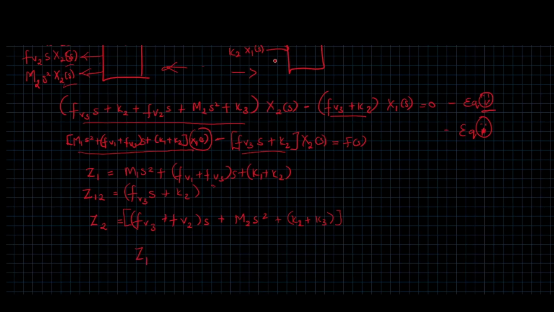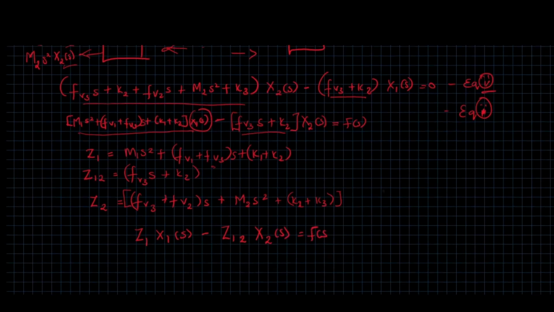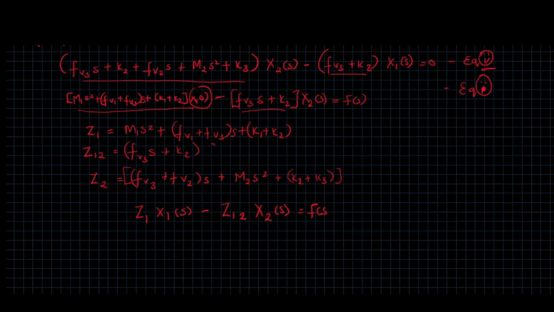Z1 X1 S minus Z12 X2 S equals F of S. And equation 2 will become Z2 X2 S minus Z12 X1 S equals 0.